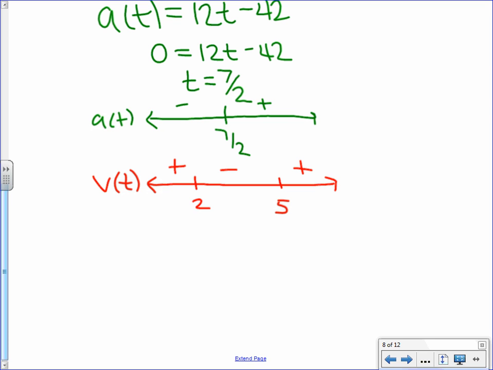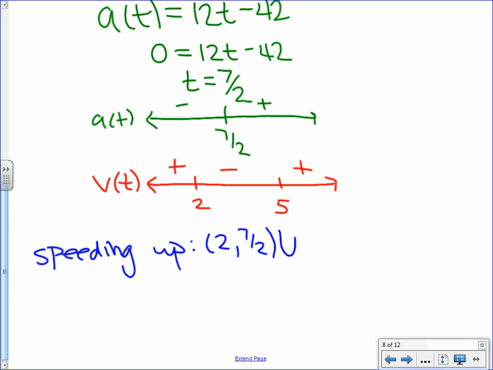All right, so let's talk about when our particle is speeding up. From 2 to 7/2, both are negative, and from 5 to infinity, both are positive.